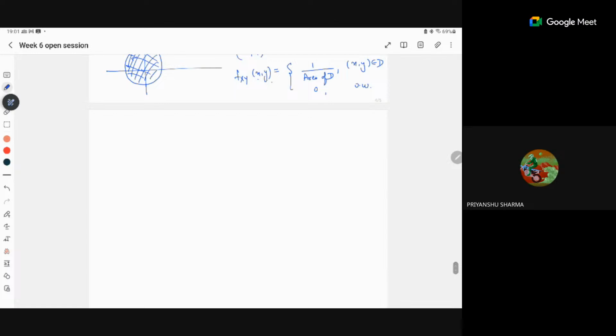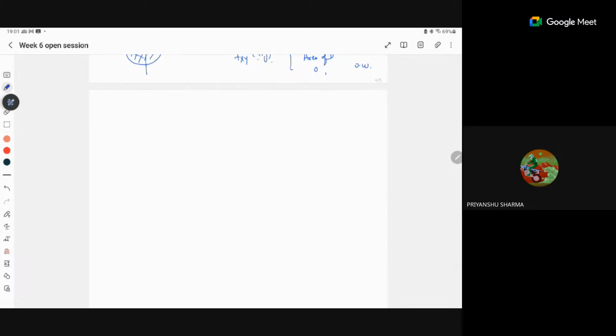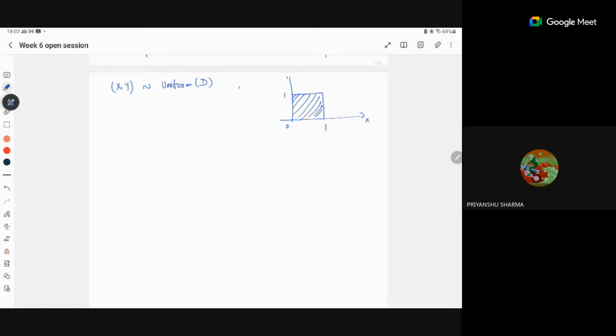Whenever you have this 2D uniform distribution case, calculating probabilities is much easier. In our first example, xy was uniform in D, where D was this region. So f of xy is 1 upon area of D, which is just 1, for xy belonging to D, 0 otherwise.